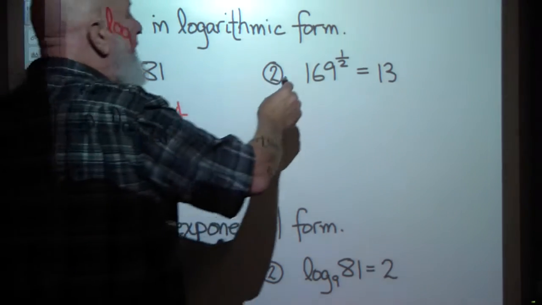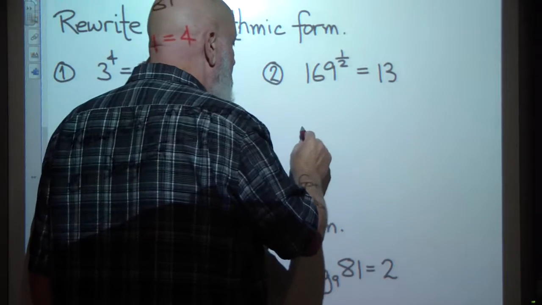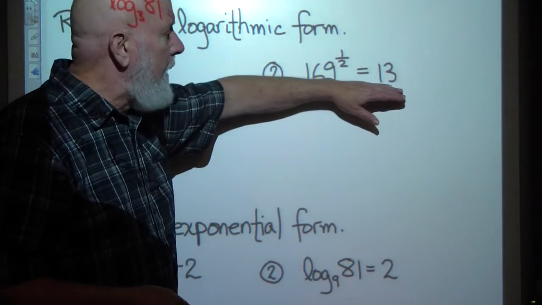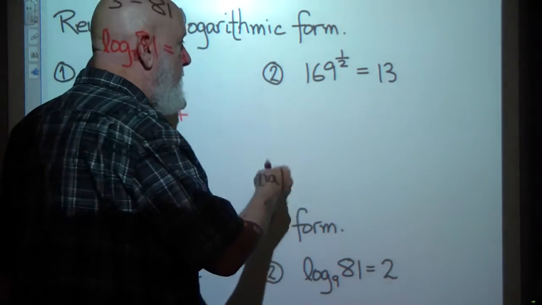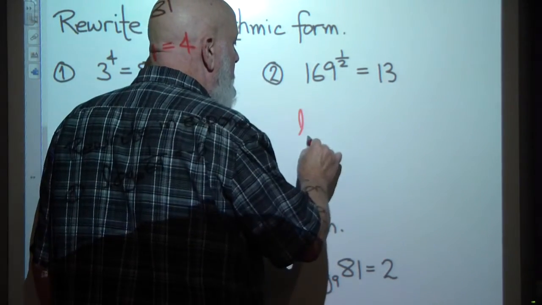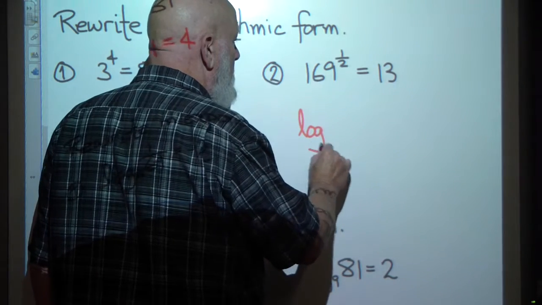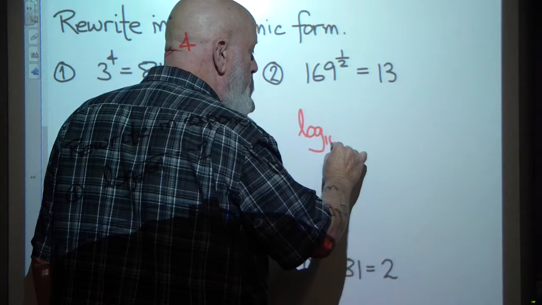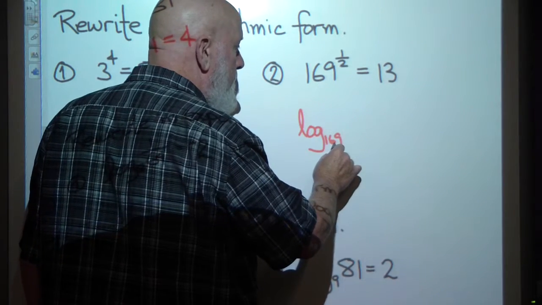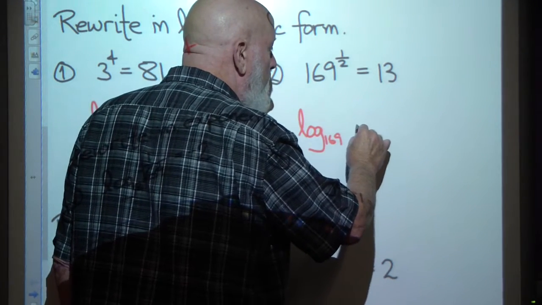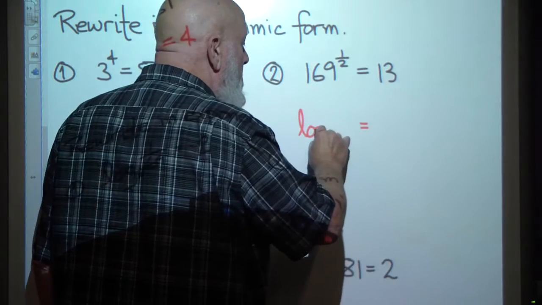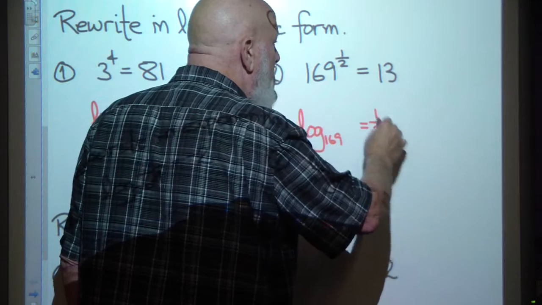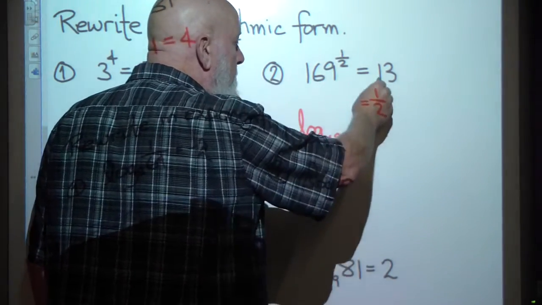Now, if I'm asked to write this one as a logarithm, or if you're taking an ACT test and it says which of the following can be written as a logarithm, you would say log, and the base of this is 169. Notice it got smaller. Log base 169, give myself room to write a number, of 13 is equal to 1/2. Notice the 1/2 got bigger.